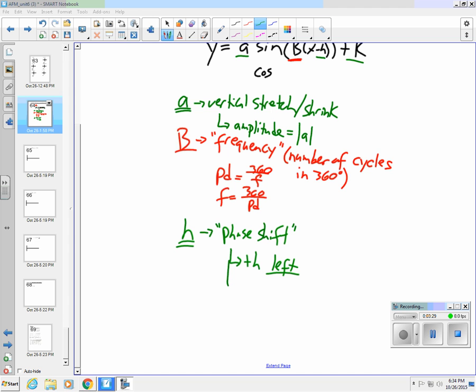If it's minus h, we're going to be moving to the right. What this will change in terms of the function is the starting point. So when we start working through our 5-point pattern, this will change where we start with that first point on the x-axis.